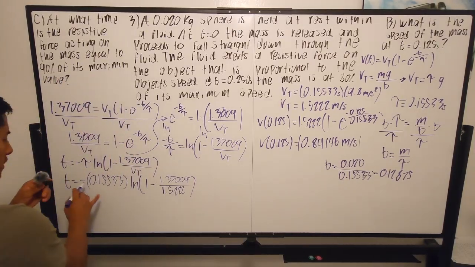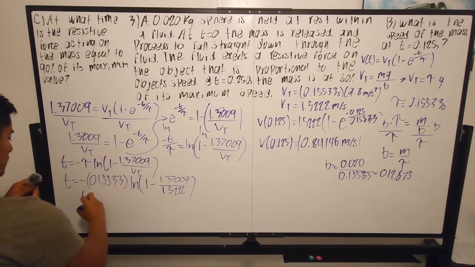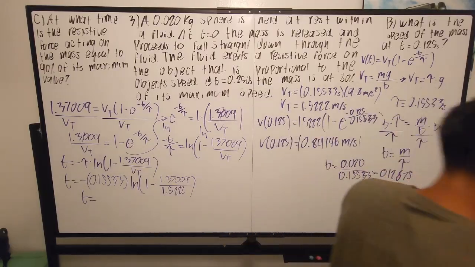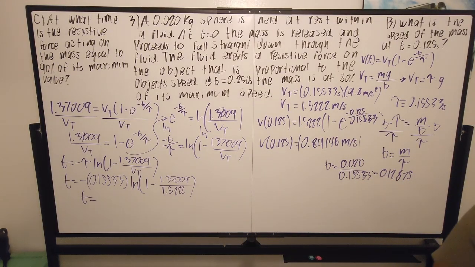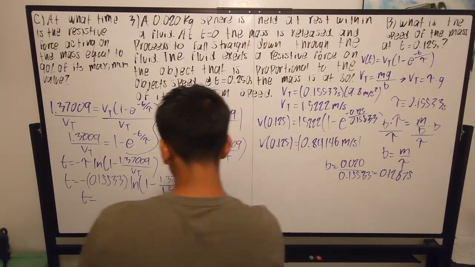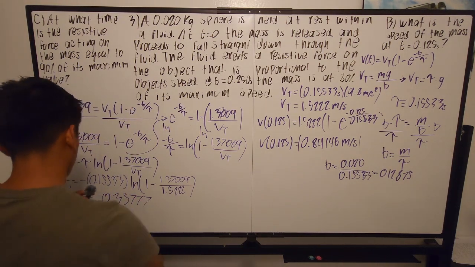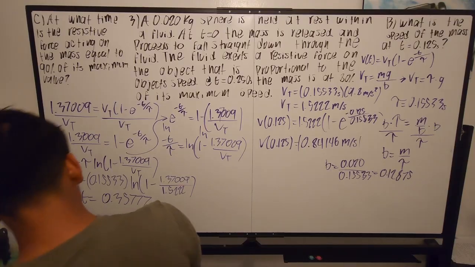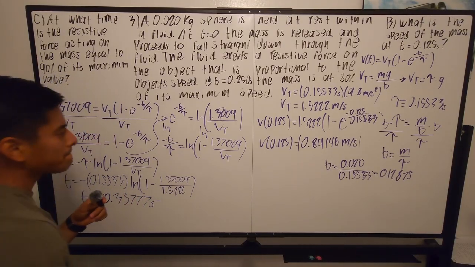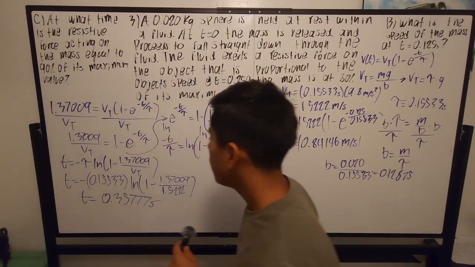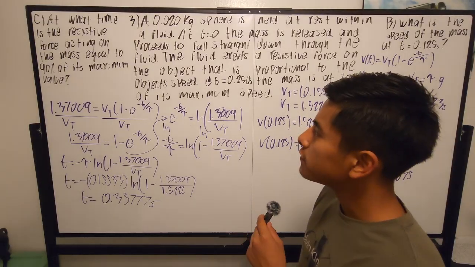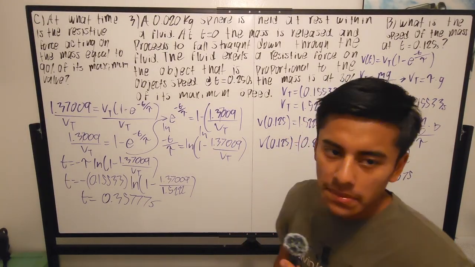And plugging this into your calculator, I actually forgot to write it down right here, but I have it on my calculator, and it is equal to 0.35777 seconds. So that is the time where your resistive force is going to be at 90% of its maximum value.